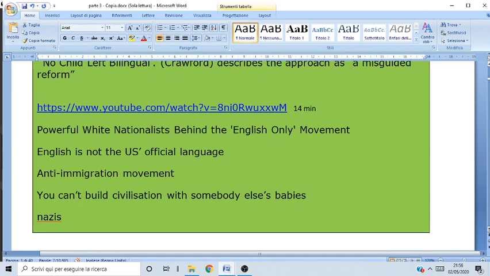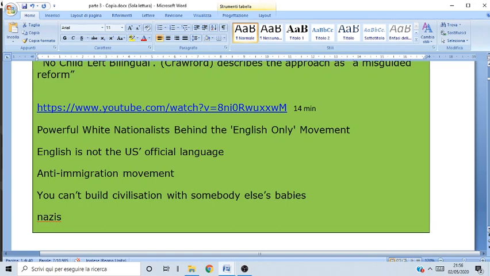As you can clearly get, what is behind these movements is a clearly anti-immigration movement, almost all of the times. Okay. Now think about the quote. I don't remember the name of the politician, but whoever said, "You can't build civilization with somebody else's babies."